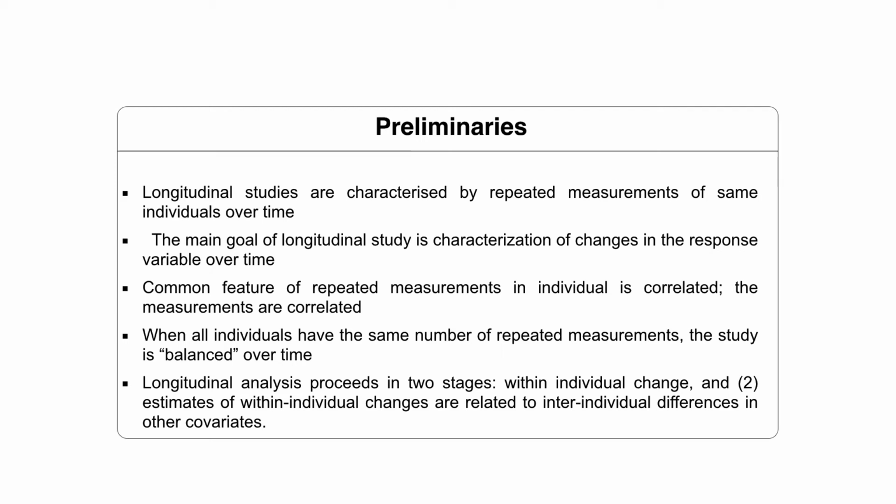There are a couple of things that we would like to emphasize here. When all individuals have the same number of repeated measurements, then the study is said to be balanced.